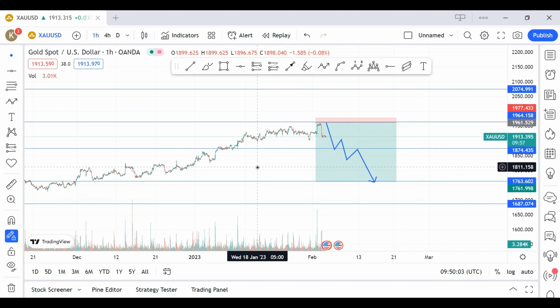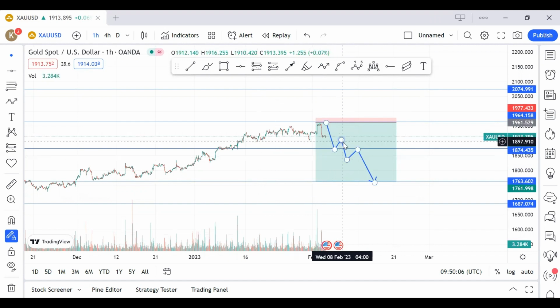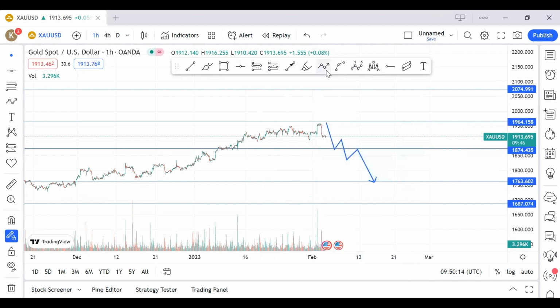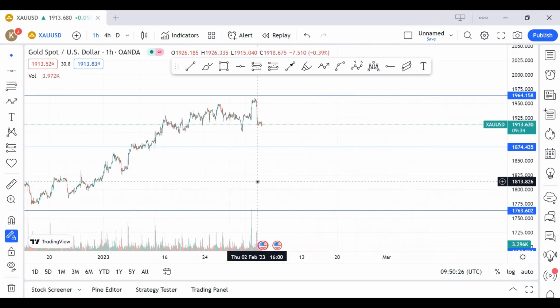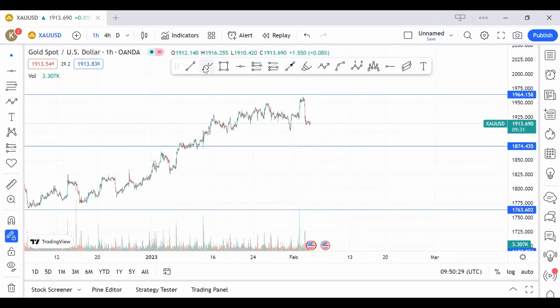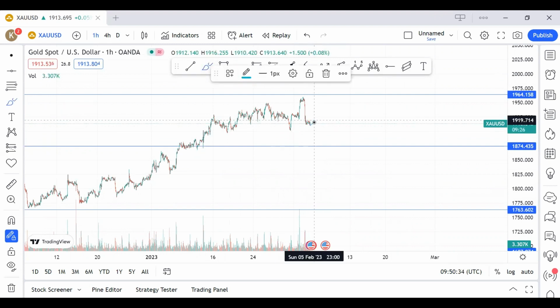And another reason I'm placing it here and not here is that you can see now the market is giving us a bit of correction at this level here, before impulsing to the downside.